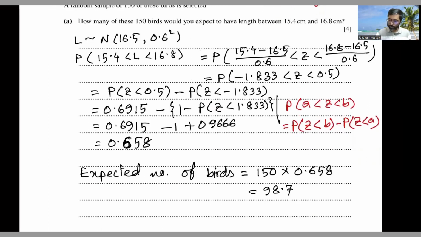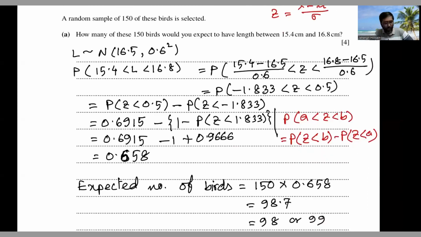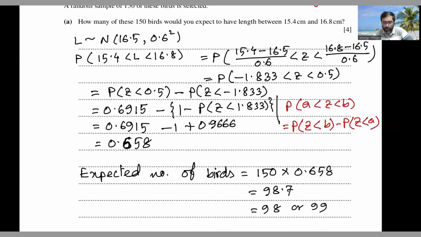You can keep it as 98, or you can also write 99, and both answers are accepted. So that's part A of question 5, where we find the expected number of birds with length between 15.4 centimeters and 16.8 centimeters.